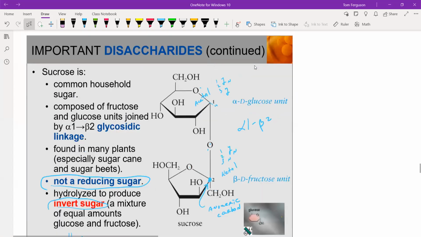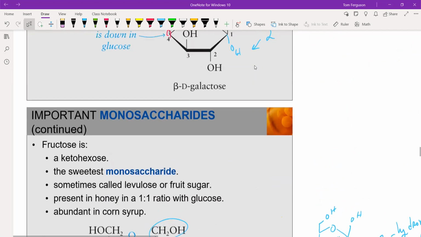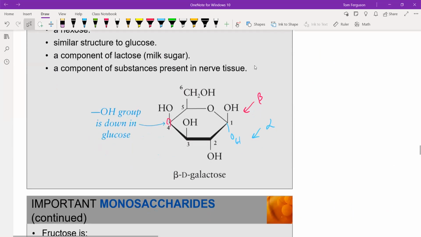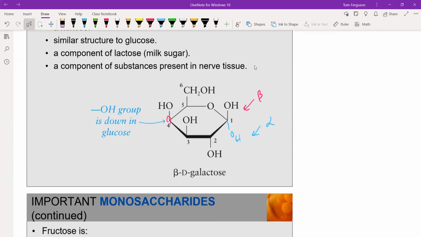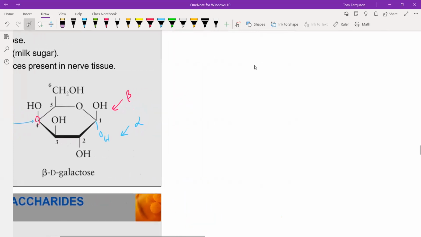Let's go back up here to monosaccharides. Let's work with monosaccharides first. Okay, so you need to be able to take this guy apart, whether it's galactose or glucose. Let's work with galactose this time.